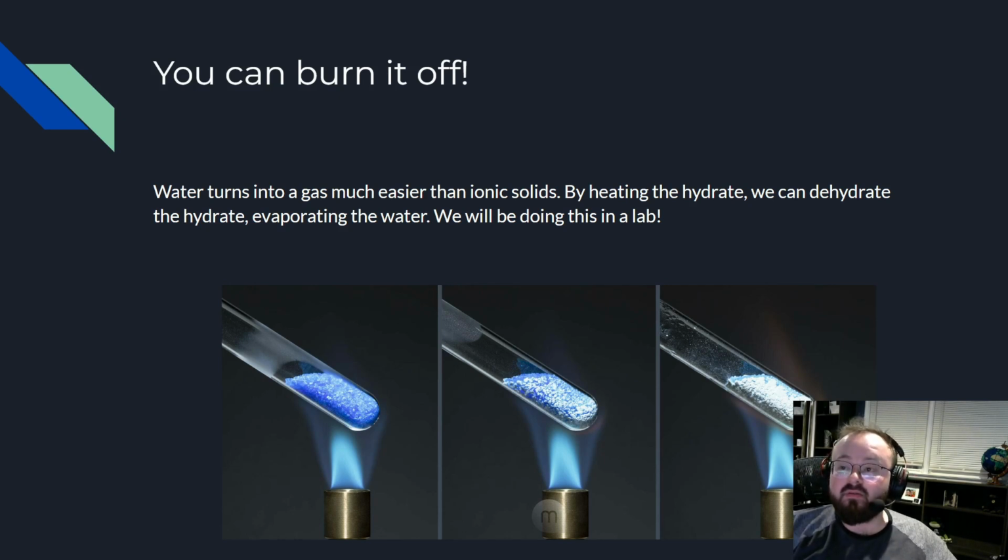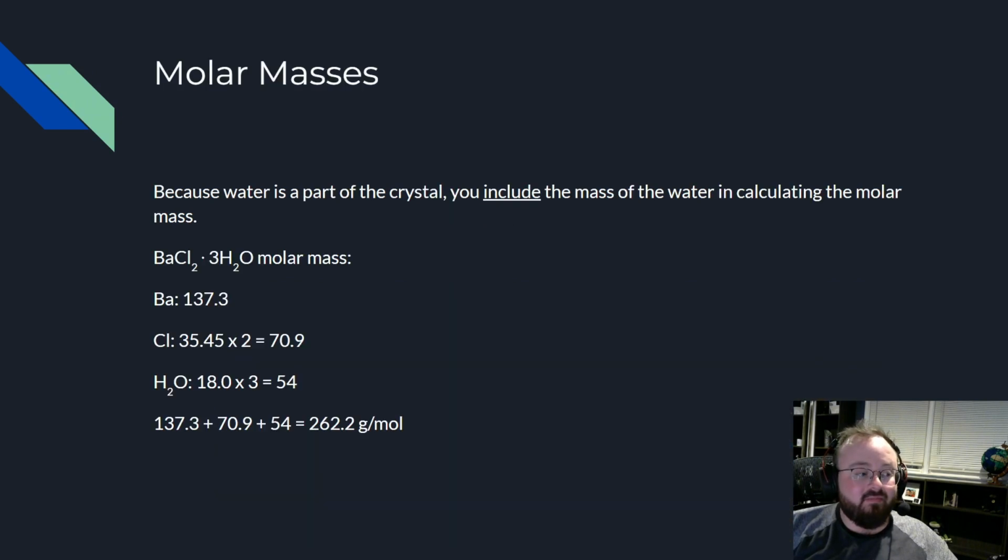Ratios of moles. We did that before, right? When we calculate the molar mass of a hydrate, you just do the same thing, but you have to include water. There's 3 waters. Water's got 18.0, and I really should have an extra decimal place here. Oops. You just have to add the water to it.